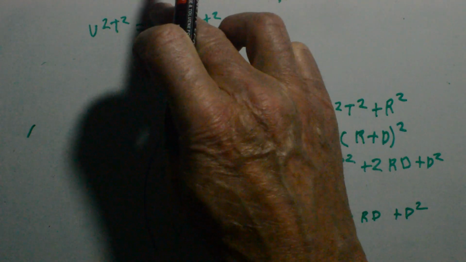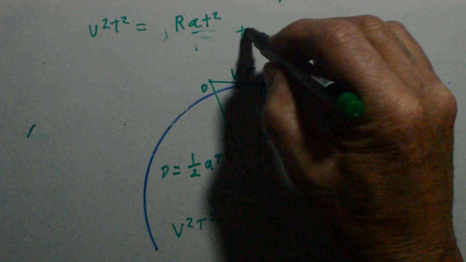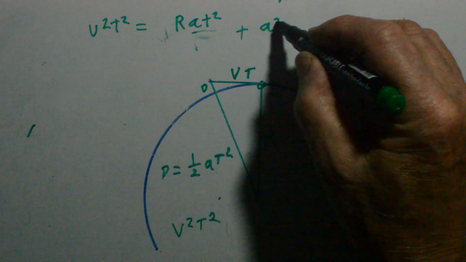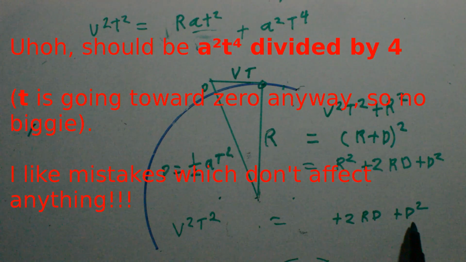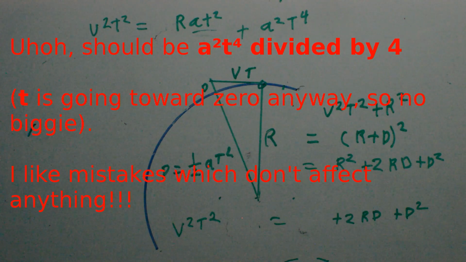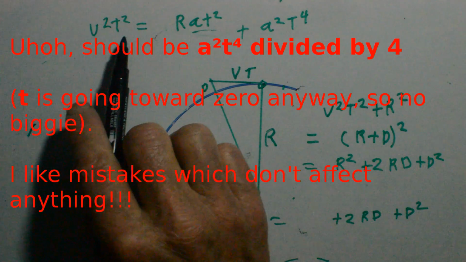And we end up with r a t squared plus a squared t to the 4th, because this is d squared. Now, we can divide this all by t squared.